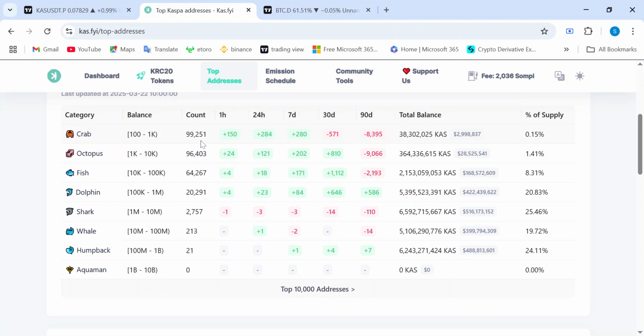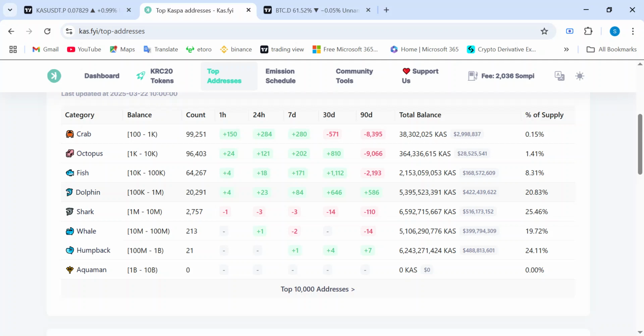But if you look at it, fish, from 10,000 KASPA to 100,000 KASPA, has been increasing steadily. In the past 30 days, we have 1,100 fish, and dolphins, for example, 646 dolphins in the past 30 days.